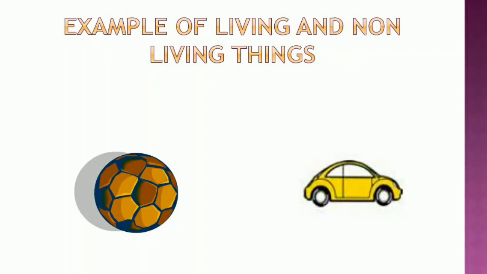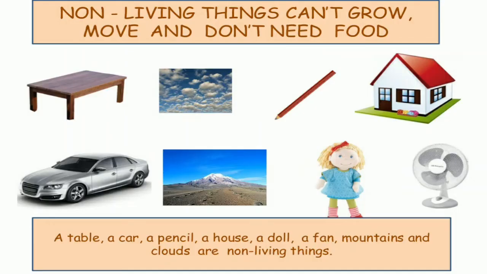Okay children, now we are going to learn in the next slide. Non-living things can't grow, move, and don't need food. Here we can see a non-living thing can't grow, and doesn't need food.